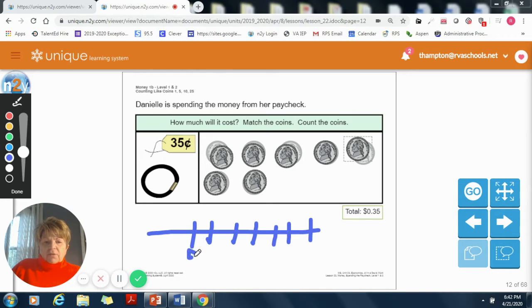And we can start with 5, 10, 15, 20, 25, 30, and 35. Sorry, number line didn't quite line up, but we know that we can count those out, right? All right, excellent.